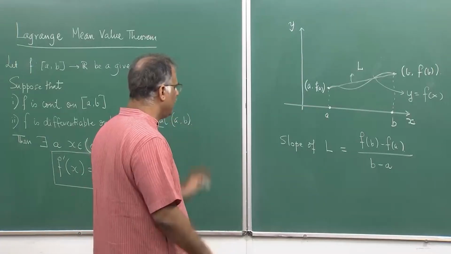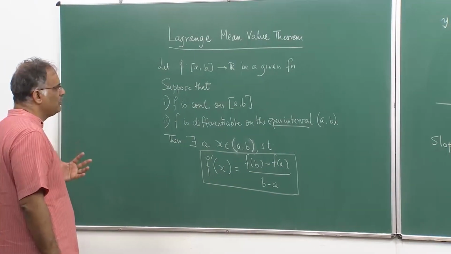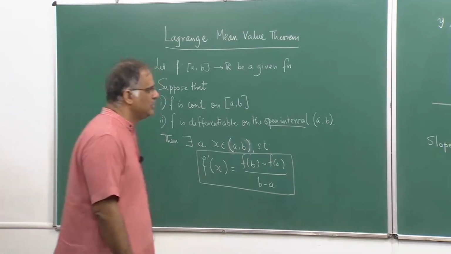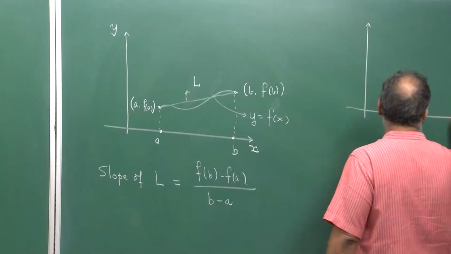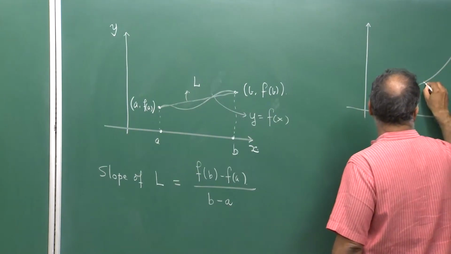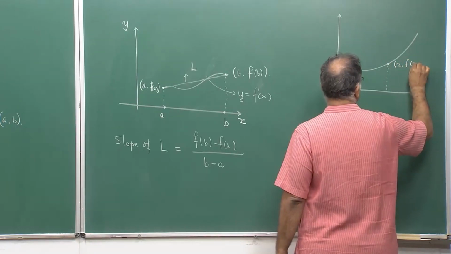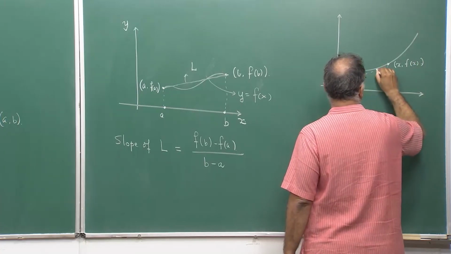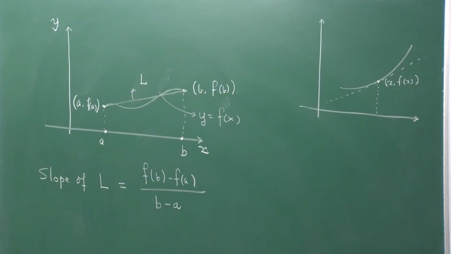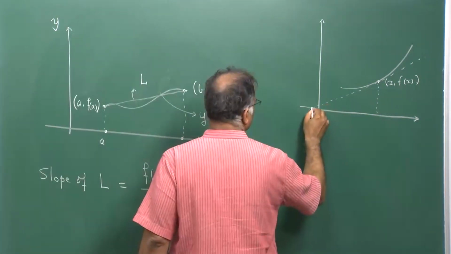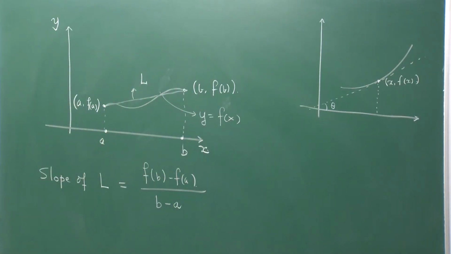The derivative is nothing but the slope of the tangent line at a point (x, f(x)). So, if you are having a function that is differentiable, say, and this is the point (x, f(x)), and this is a tangent, then if this angle is theta, tan of theta is the derivative at (x, f(x)).